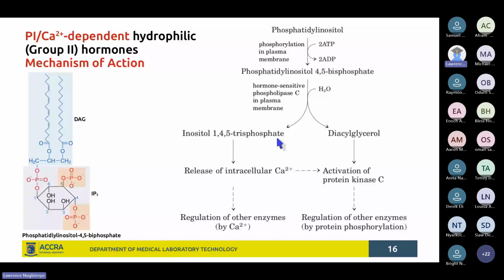Good. Now, the inositol 1,4,5-triphosphate stimulates the release of intracellular calcium ions. So you saw we referred to the fact that you have calcium ions that can be released from the kidneys, can be released from the bone marrow. So inositol 1,4,5-triphosphate will stimulate that. And what do those calcium ions do?